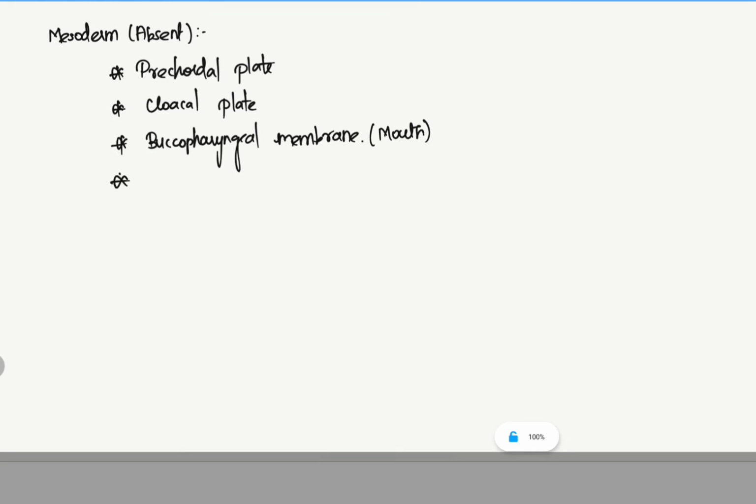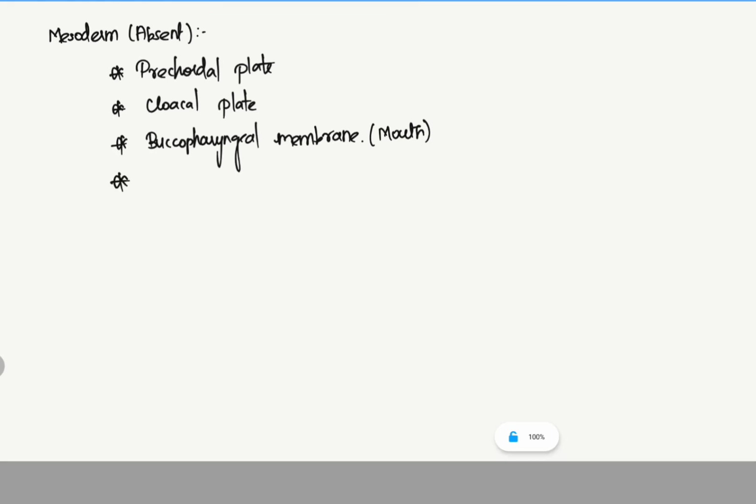Then another important place we must mention is where the notochordal process passes right in between the ectoderm and endoderm. Where the notochord is present, there also mesoderm is absent. The ectoderm and endoderm are stuck together in that place also.